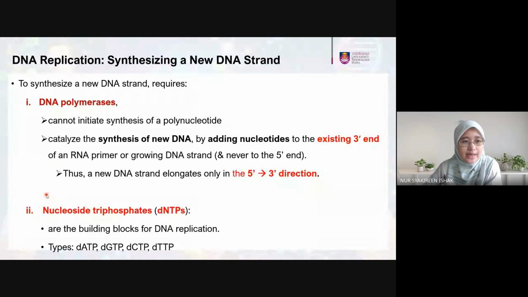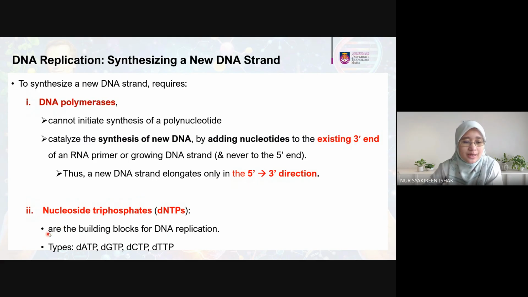Next we have another component that is required for synthesizing new DNA strands: the building blocks, the monomers. The monomers we call nucleoside triphosphates, or dNTPs.